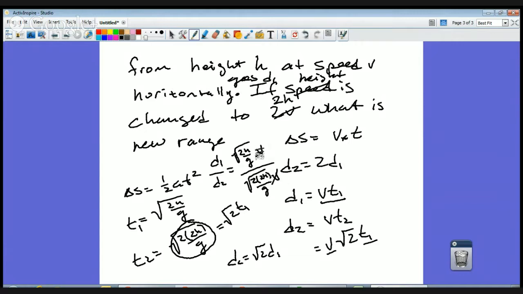So the v's go away. The 2h over g goes away, and what you're left with is 1 over the square root of 2. So when you multiply, you can say that d1 is equal to d2 over the square root of 2, and d2 is equal to the square root of 2 d1.